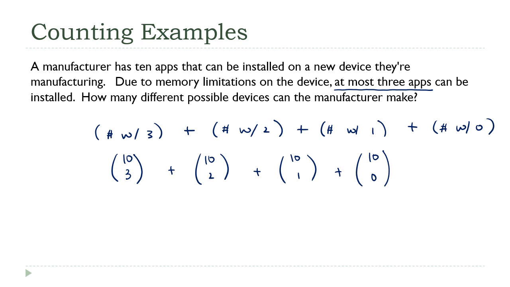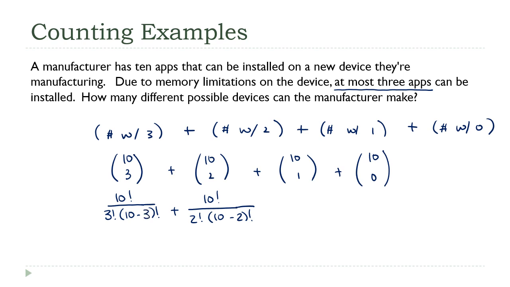All right, so now you're going to the formula, and you haven't had a lot of practice with the formula yet, so I'm going to go ahead and write this out so you can see what's happened. This is 10 factorial over 3 factorial times 10 minus 7 factorial plus 10 factorial. They're all going to have 10 factorial in the numerator over 2 factorial times 10 minus 2 factorial. Excuse me. This should be 10 minus 3 is 7.